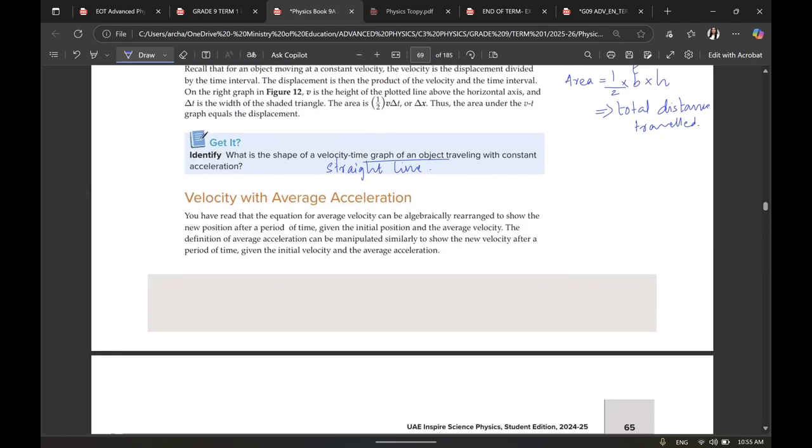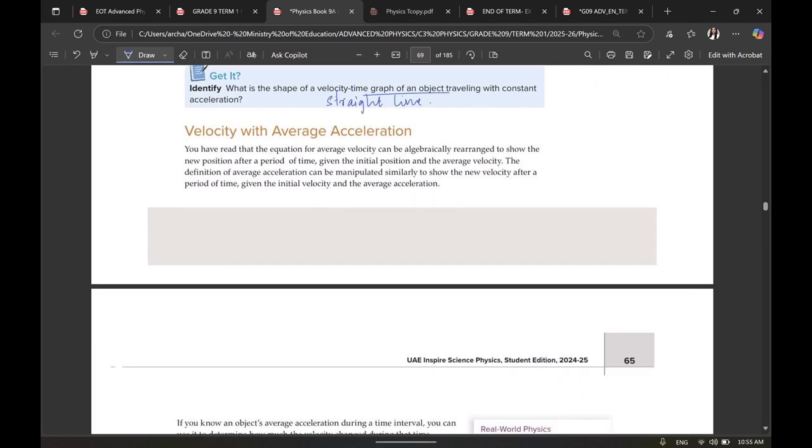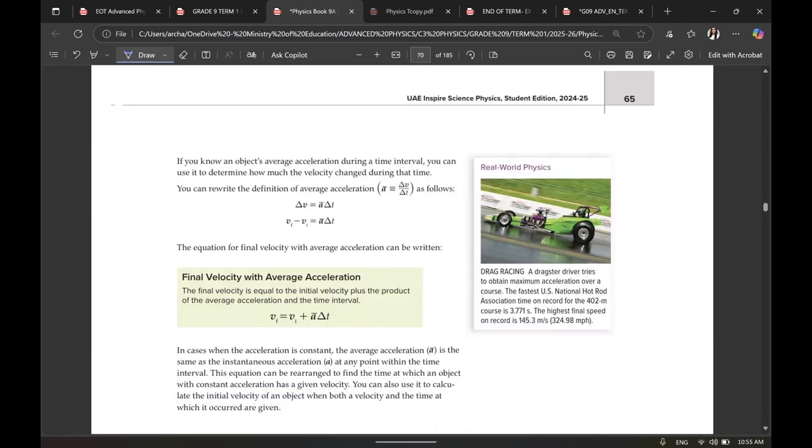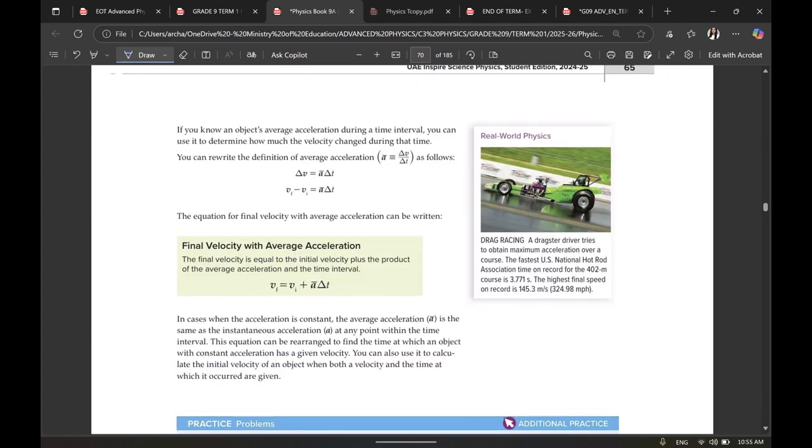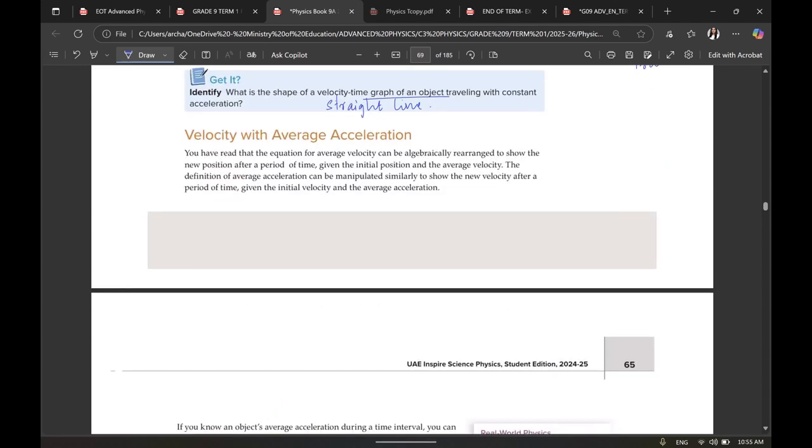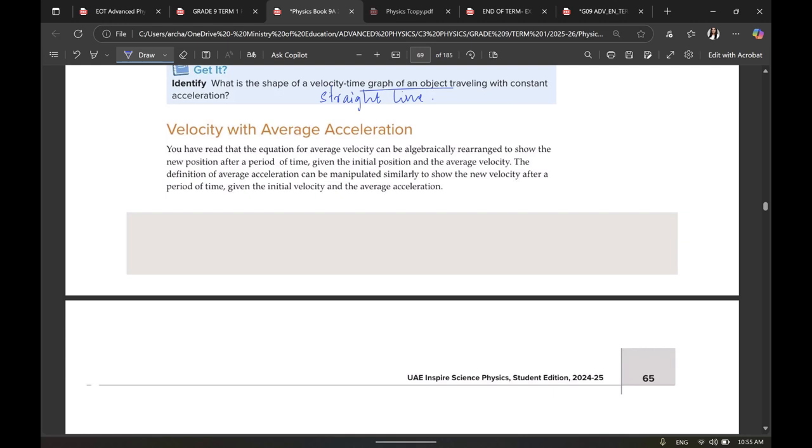Now, coming to velocity with average acceleration. We learned about the acceleration equation, isn't it? Acceleration is change in velocity divided by change in time. Remember that. We already know velocity is change in displacement divided by change in time.